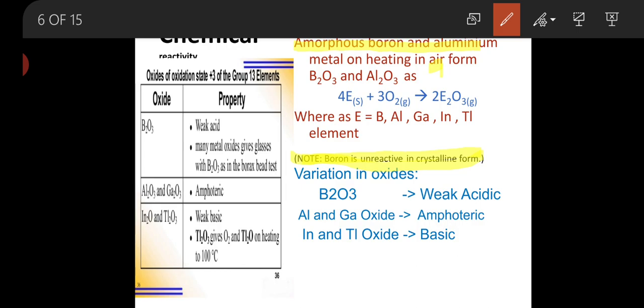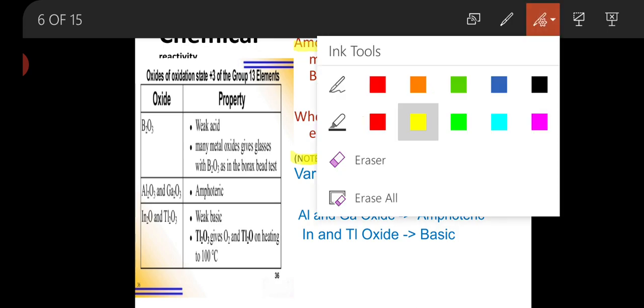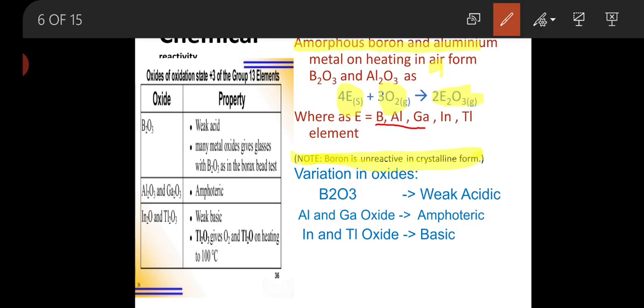Due to this reaction, the 13 group elements are simply represented as E, capital E, which reacts with oxygen and forms its different oxides. Here the oxides of the 13 group are given by the formula E2O3, where E is nothing but our elements: boron, aluminum, gallium, indium, and thallium.